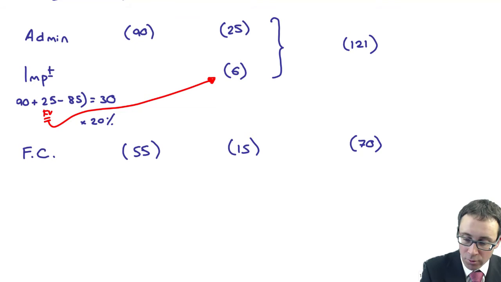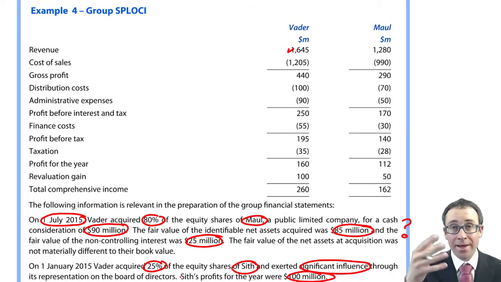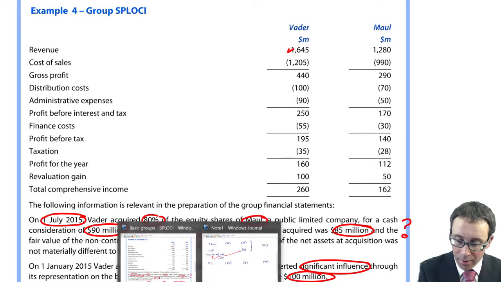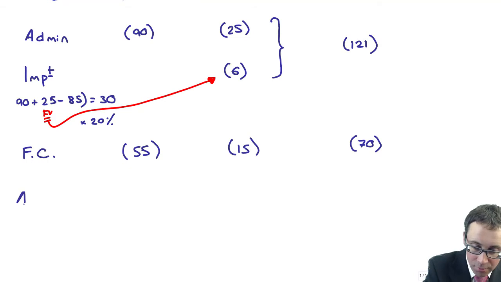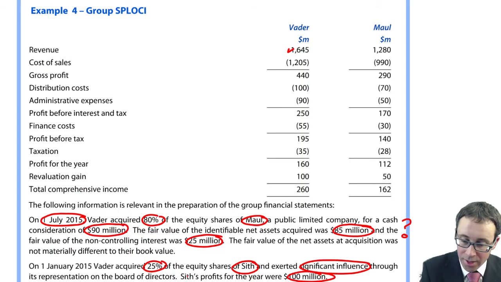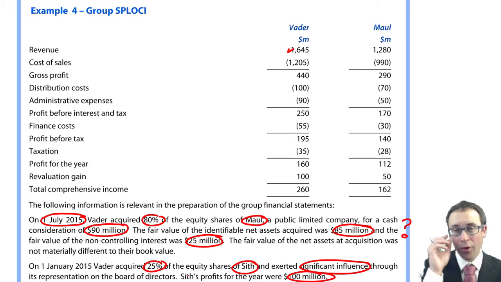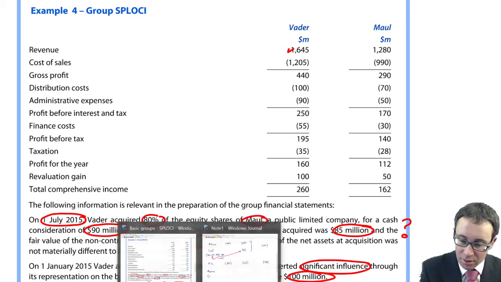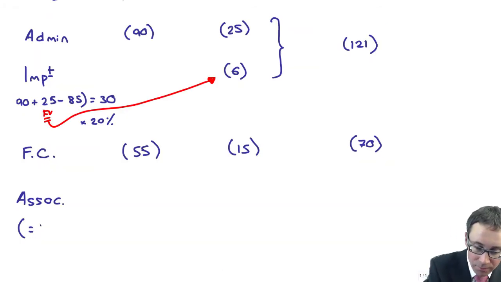Then just be careful, because what a lot of students will do is then go, right, PBT. No, remember, we have an associate, don't we? So on my associate, we own, is it 25%? Profits for the year were 100 and we bought it at the start of the year. There's no mid-year acquisition.